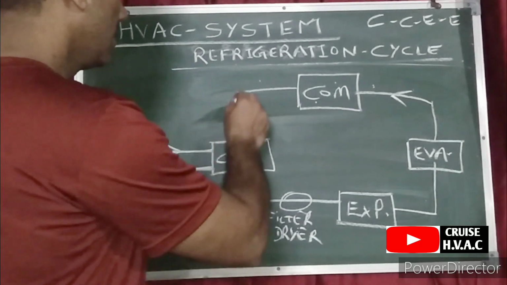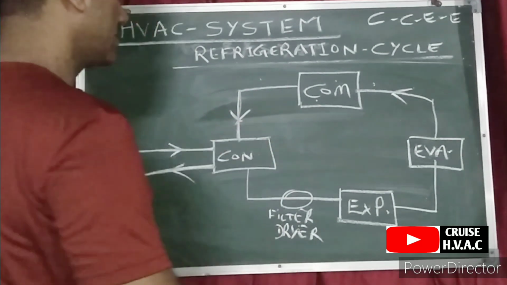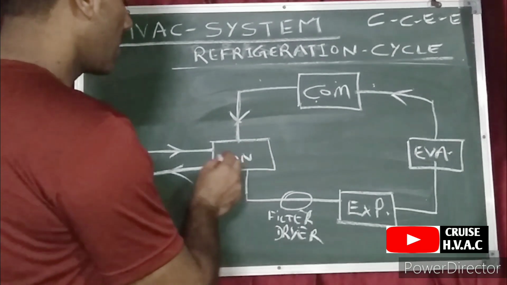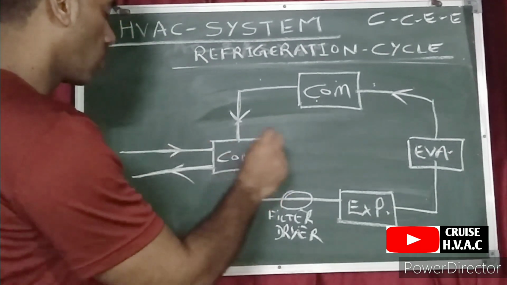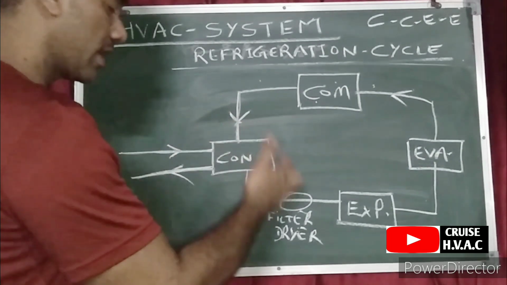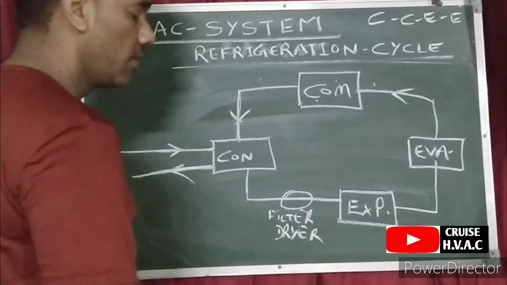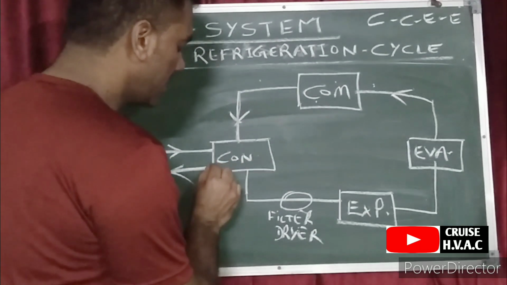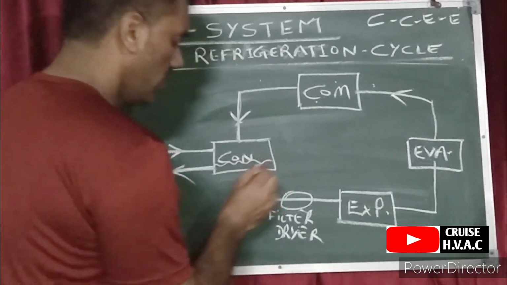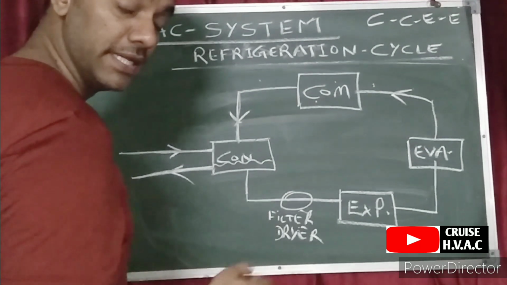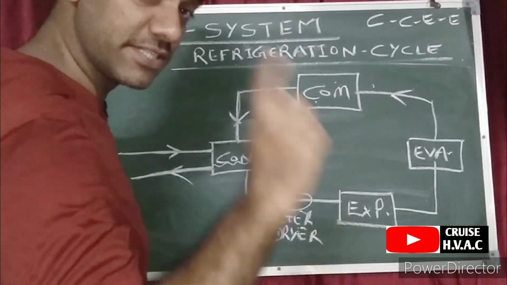So what happens when the high pressure high temperature vapor refrigerant passes through the condenser, the low temperature water that flows through the condenser absorbs the heat from the refrigerant and the refrigerant changes into liquid form. But its temperature and pressure are still high.